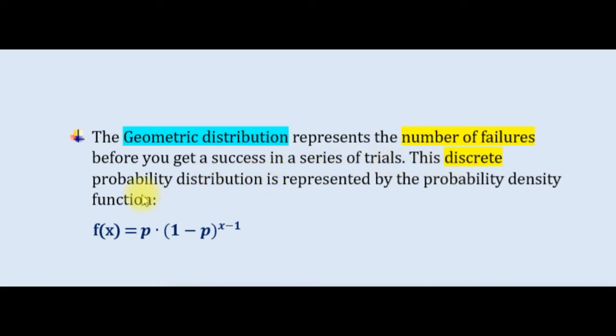This discrete probability distribution is represented by the probability density function f(x) = p, the probability of success, times (1 - p) to the power of x - 1. To understand why it's x - 1, if x equals n trials, it means that you succeed on the nth try and failed for n - 1 tries.